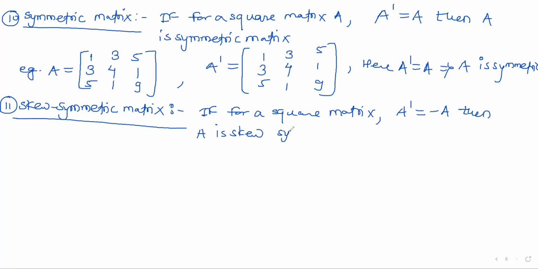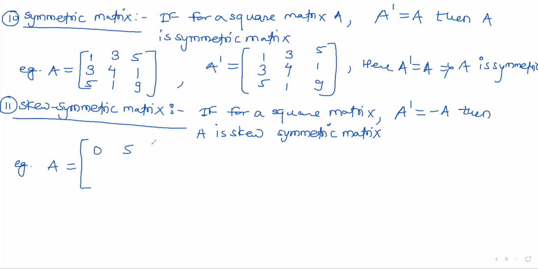If you interchange rows and columns, and you get the original matrix but the signs are changed, plus becomes minus, minus becomes plus, then your matrix is a skew symmetric matrix, right?